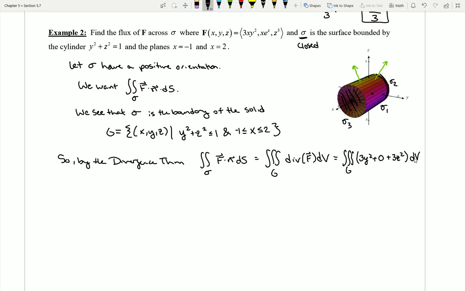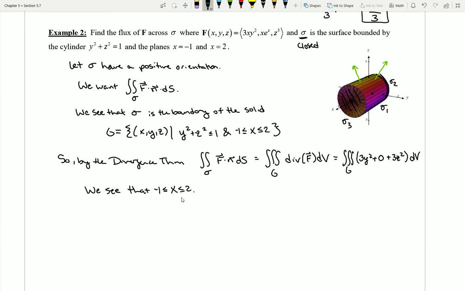If I'm working with a cylinder here, it might make sense to try to tackle this using cylindrical coordinates. So we see that if x is going to be wedged between -1 and 2, that can act as kind of like a floor to a ceiling if I imagine rotating this solid a bit. Then the rest of this is just moving in a circle.